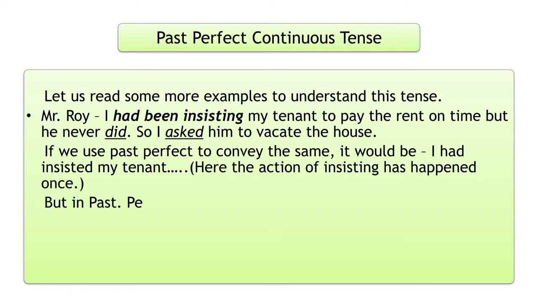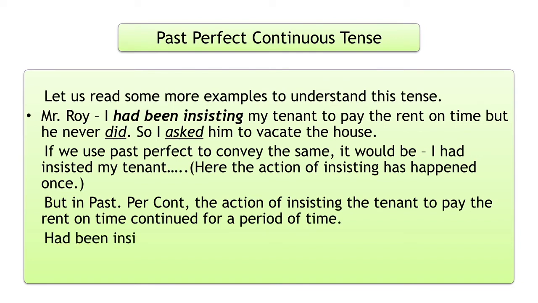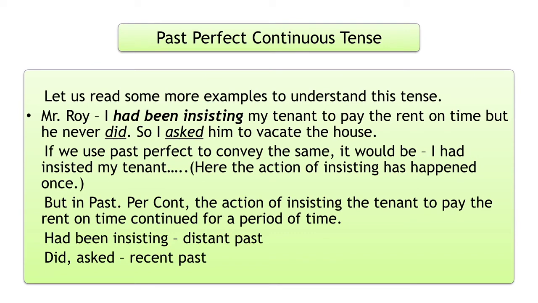But in past perfect continuous, the action of insisting the tenant to pay the rent on time continued for a period of time. Had been insisting refers to an action which took place in the distant past. Did and asked refer to an action that happened in the recent past.